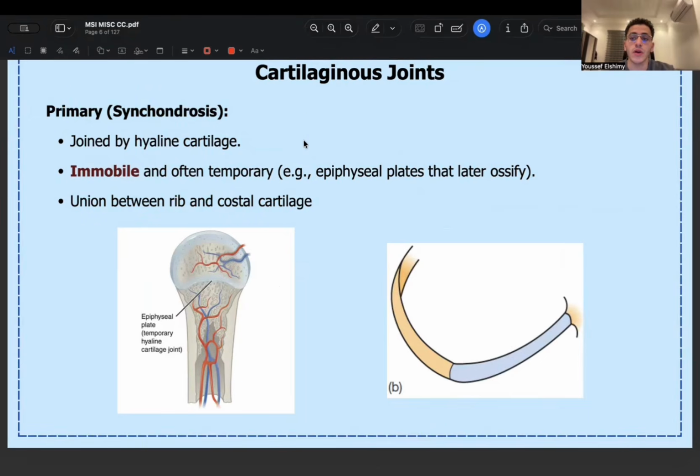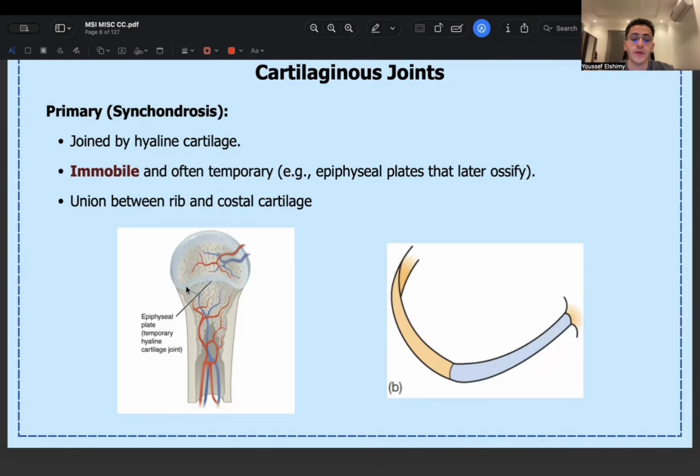Then moving on to cartilaginous joints. And we said there are primary cartilaginous and the secondary. But we're going to discuss first the primary cartilaginous joints, which is called also synchondrosis. And you have to know that they are joined by hyaline cartilage and they are immobile and they are often temporary. So an example is the epiphyseal plate that joins the epiphysis and the diaphysis.